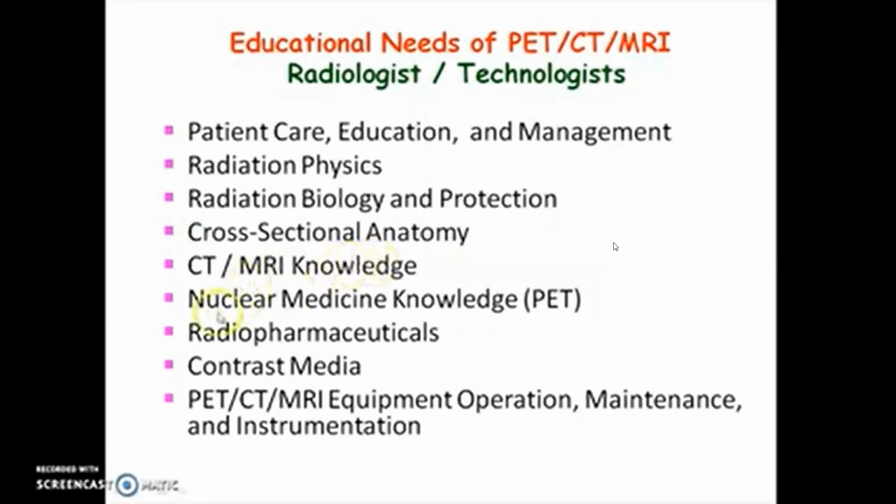Similarly, they should also have fundamental knowledge about nuclear medicine, radiopharmaceuticals used in nuclear medicine, and contrast media used in radiology. Finally, they should also have an education on PET-CT or PET-MRI equipment operation, maintenance and instrumentation aspects, which will give an additional skill to them.